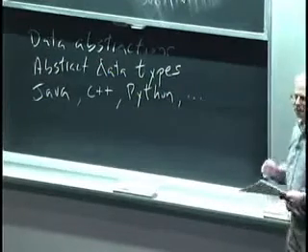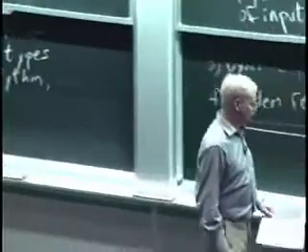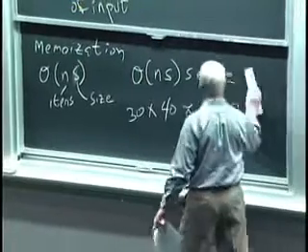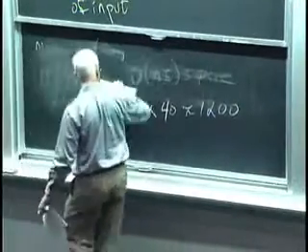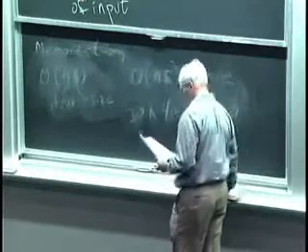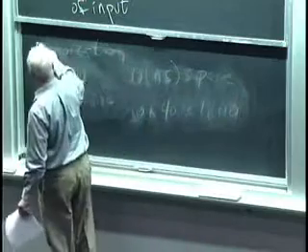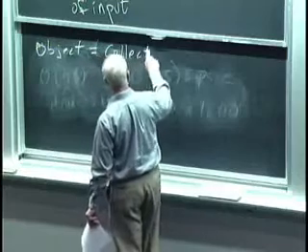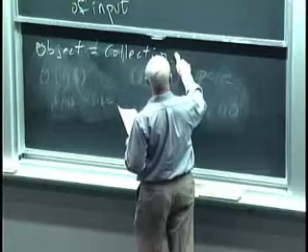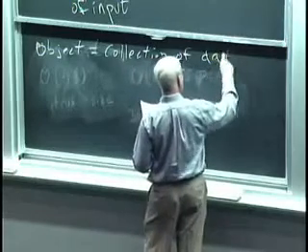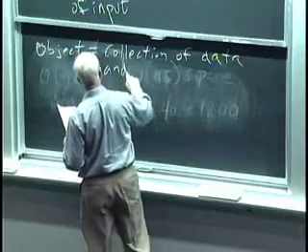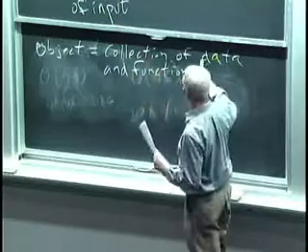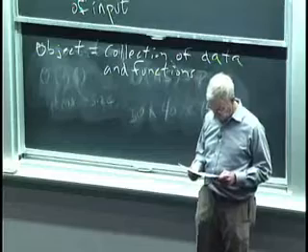So what is this all about? What is an object in object-oriented programming? An object is a collection of data and functions. In particular, functions that operate on the data, and perhaps on other data as well.